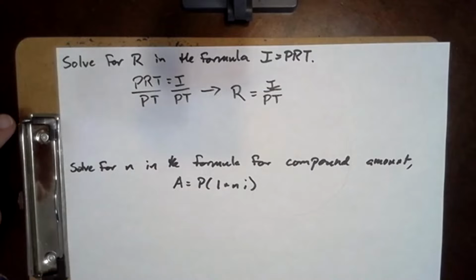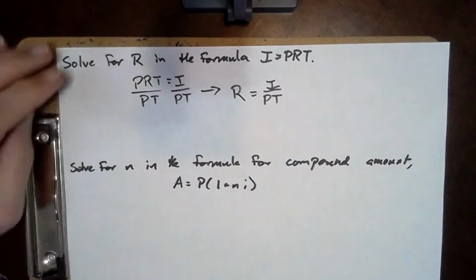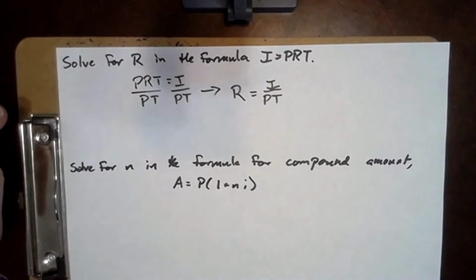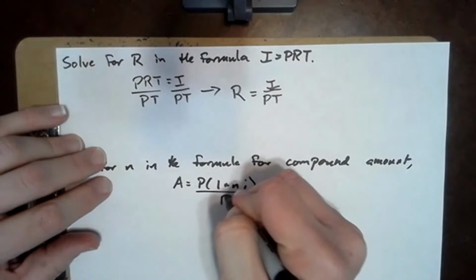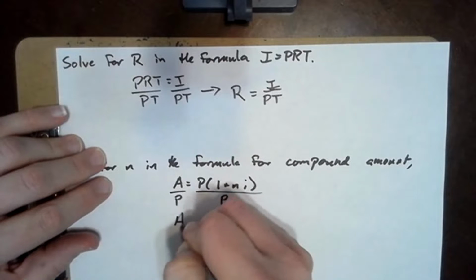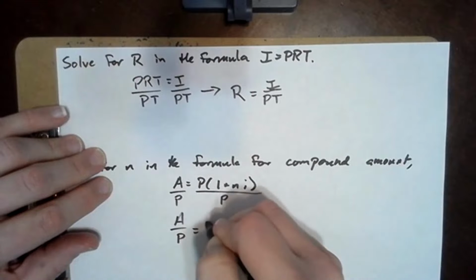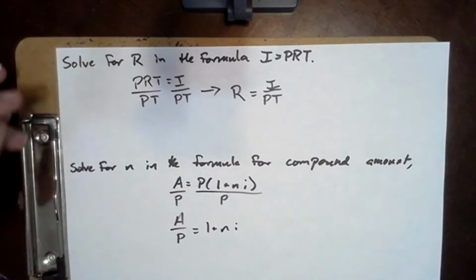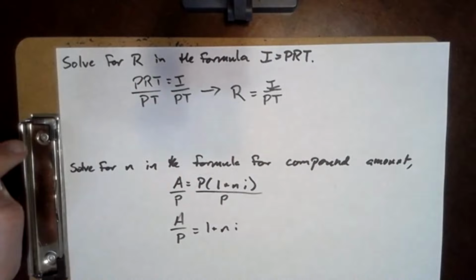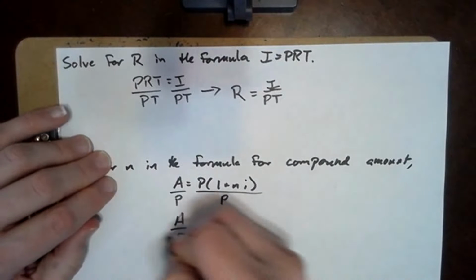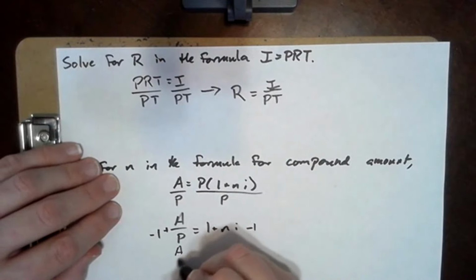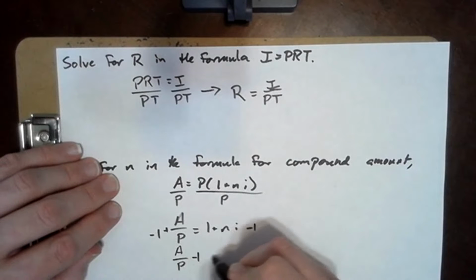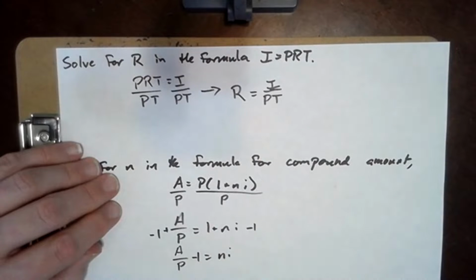Solve for N in the formula for compound amount, A equals P times 1 plus NI. Okay, well, the first thing I want to do is divide both sides of this equation by P. So A over P equals 1 plus NI. I can subtract 1 from both sides. That'll give me A over P minus 1 equals NI.